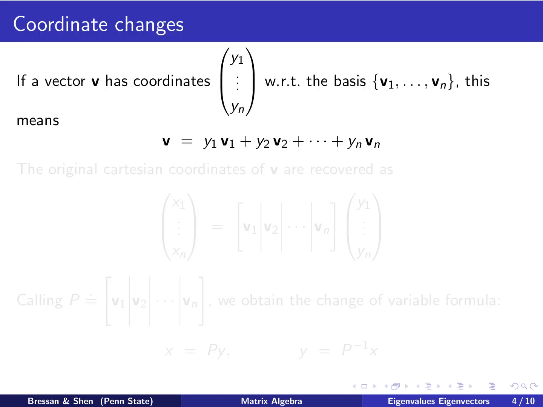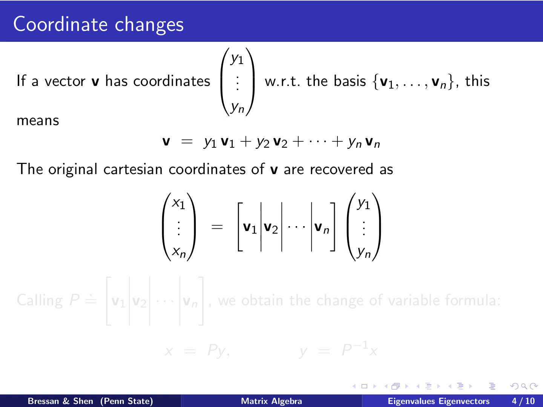So we're interested in what happens if we change the coordinates. Okay, so let's set up this discussion. If I have a vector v which has coordinates y1 to yn with respect to the basis v1 to vn, what does it mean? This basically means that the vector v is a linear combination of those bases: y1 v1 plus y2 v2 to yn times vn.